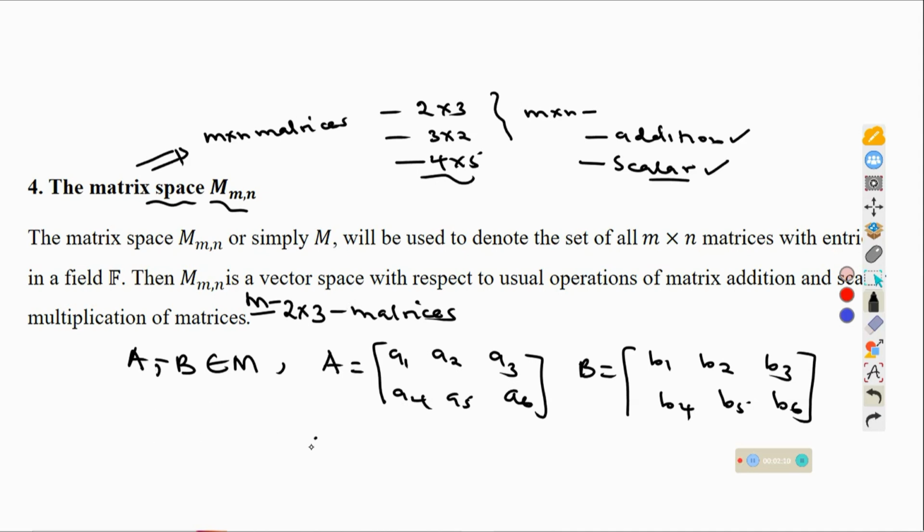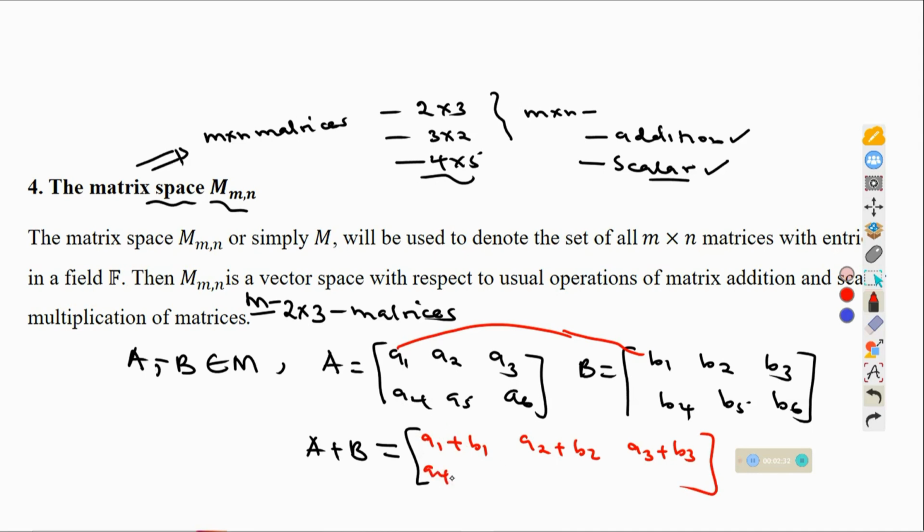So you can easily define A plus B, and you know that when we are adding matrices, we add the corresponding entries. So A1 will be added with B1, A2 with B2, A3 with B3, likewise A4 with B4, A5 with B5, and A6 with B6.